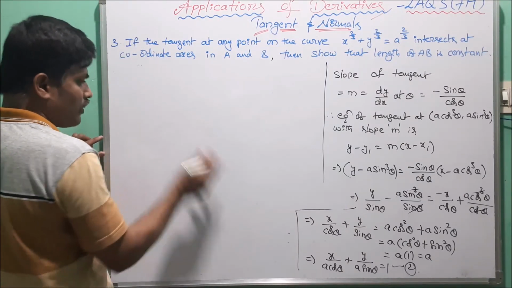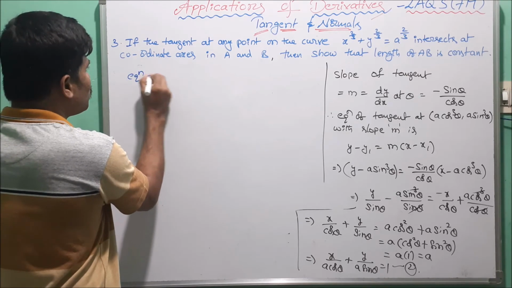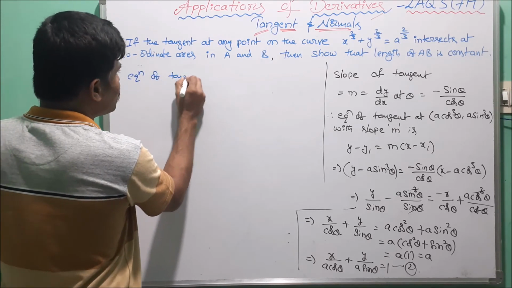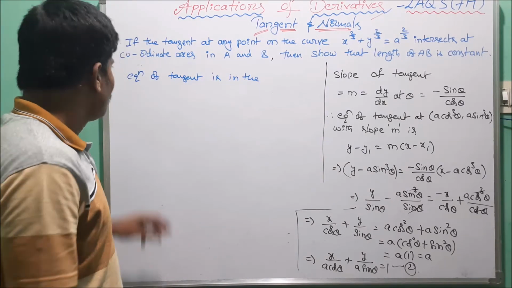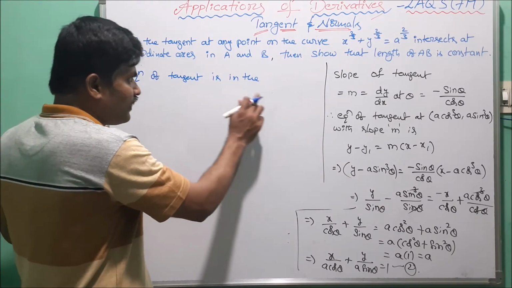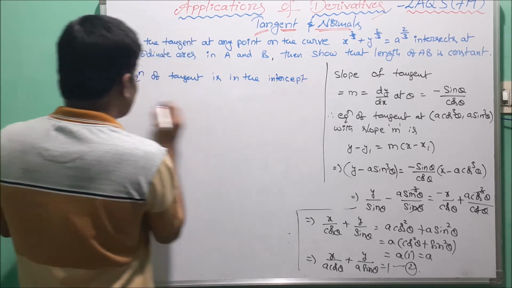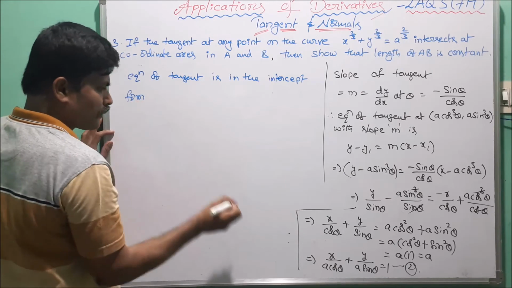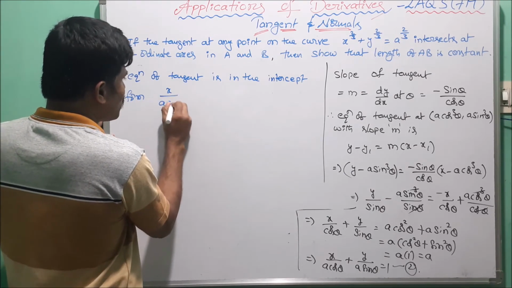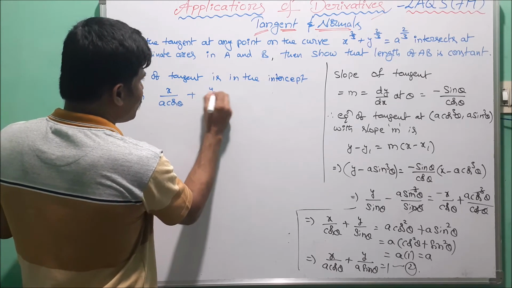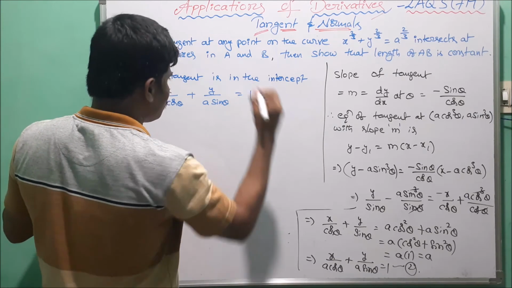Now here I can also write once more the equation of tangent. Here the equation of tangent is in the intercept form: x by a cos theta plus y by a sin theta equal to 1.